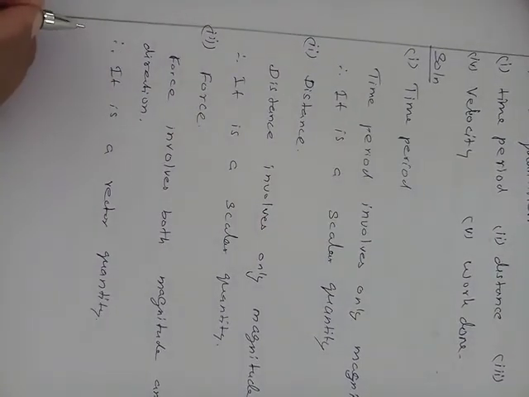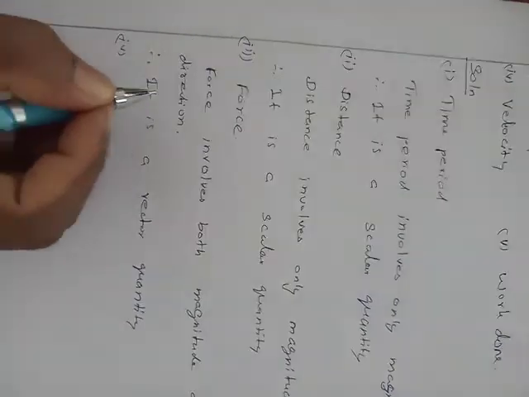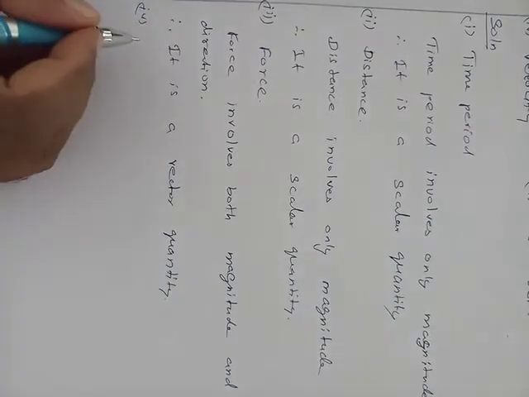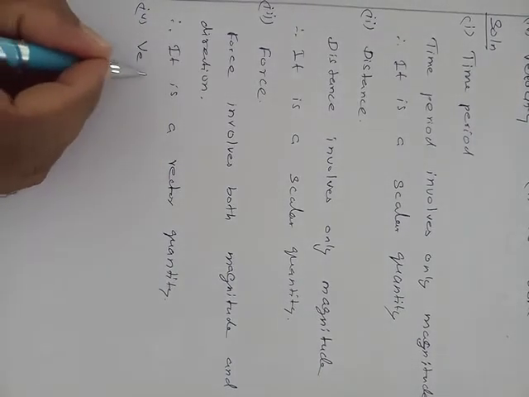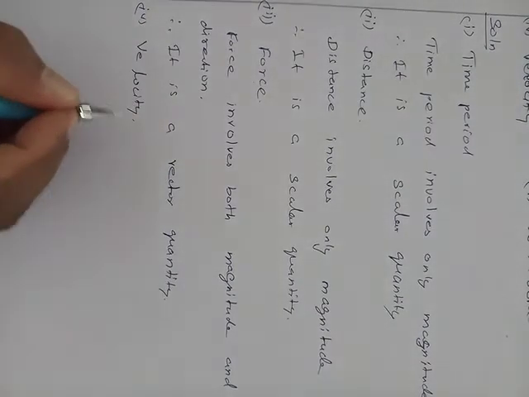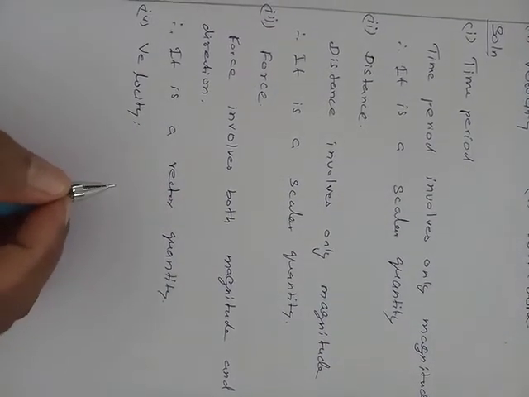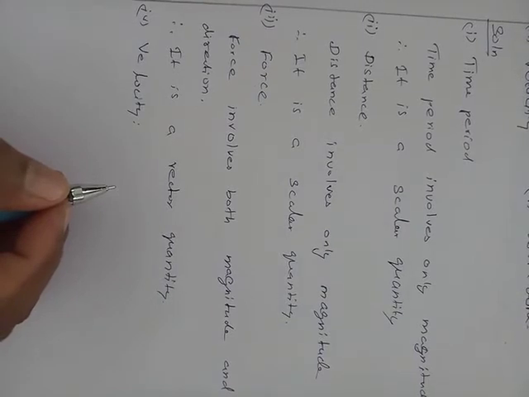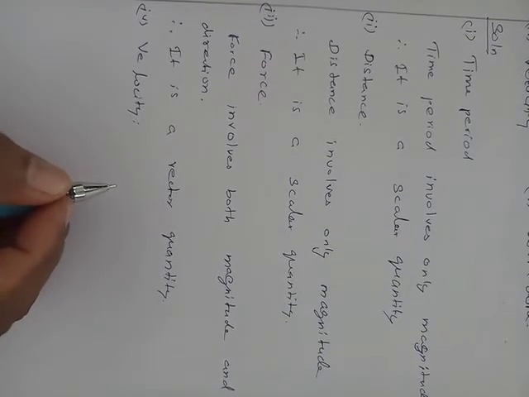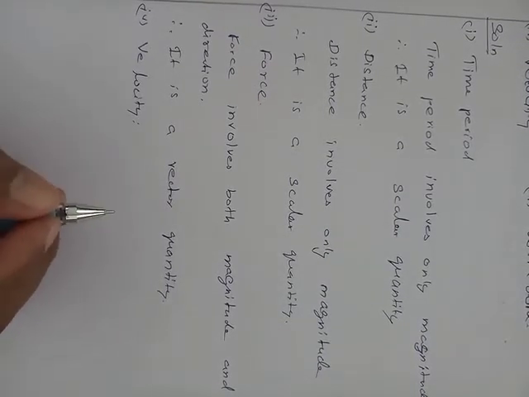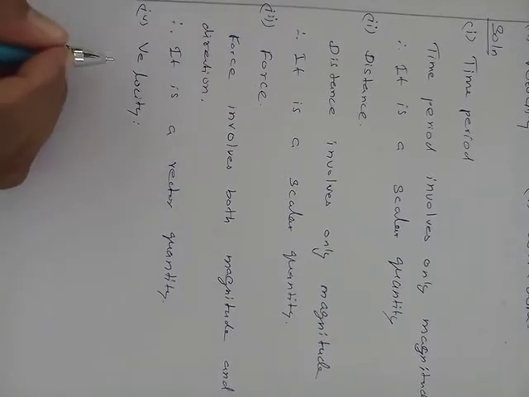Next one, fourth one, velocity. What is the unit of velocity? Meter per second. Distance for particular time, going for some distance. So that is a vector quantity only.